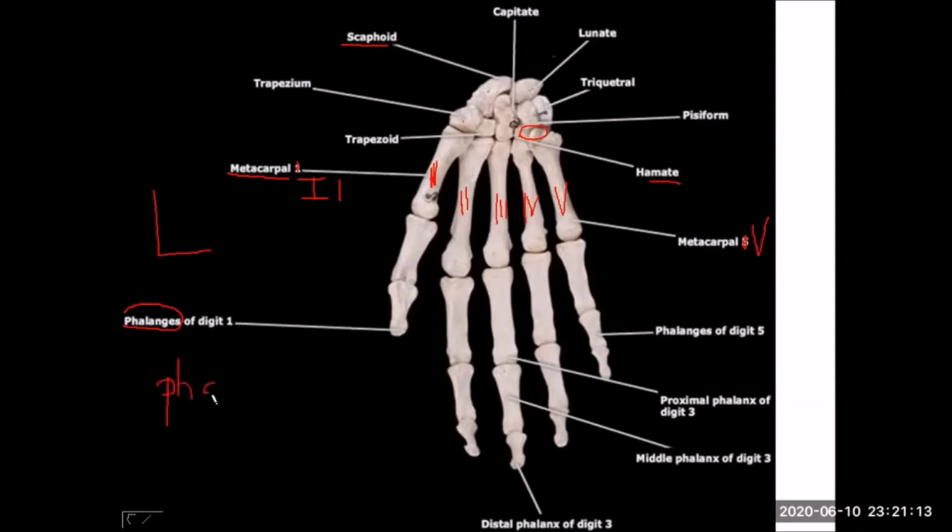And the lab manual has an example as well. So this is the term that we want to use when we're naming a single bone. So for now, I'll just go ahead and cover up the terms that we don't want to use. Instead, we want to use that singular form, phalanx.